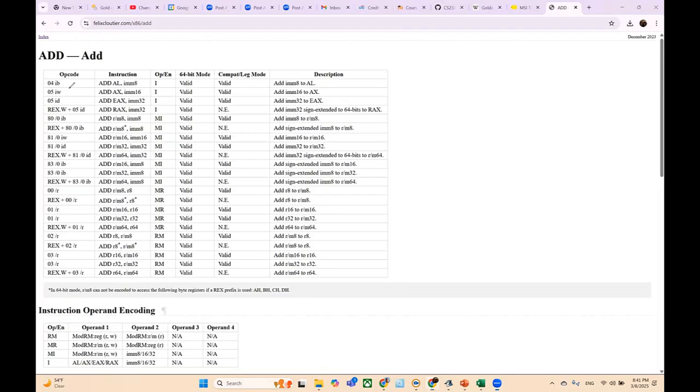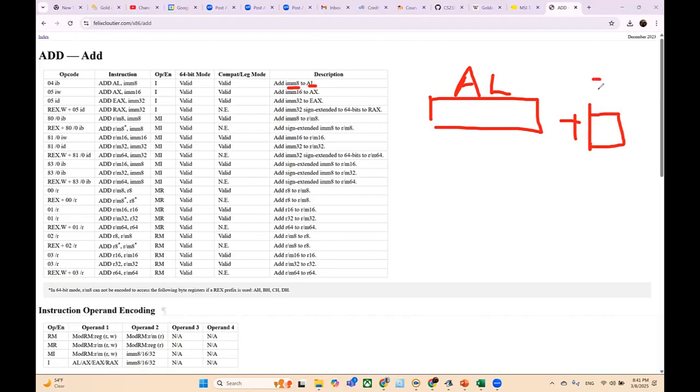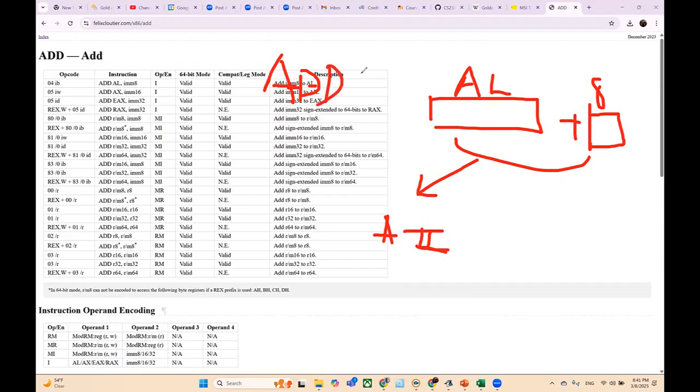You have add imm8 to AL: a register called AL plus 8-bit data, summed together and put back into AL. This instruction, ADD AL, imm8, is one machine code.